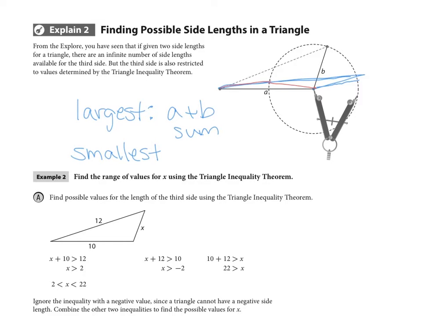Again, we're looking for this third side. It's almost A minus that radius B, but it can't be exactly that value, because if it were, we wouldn't have a triangle. It's got to be a tiny little bit more. So it's got to be between the largest possible value, which is the sum, and the smallest possible value, which is A minus B, or the difference.